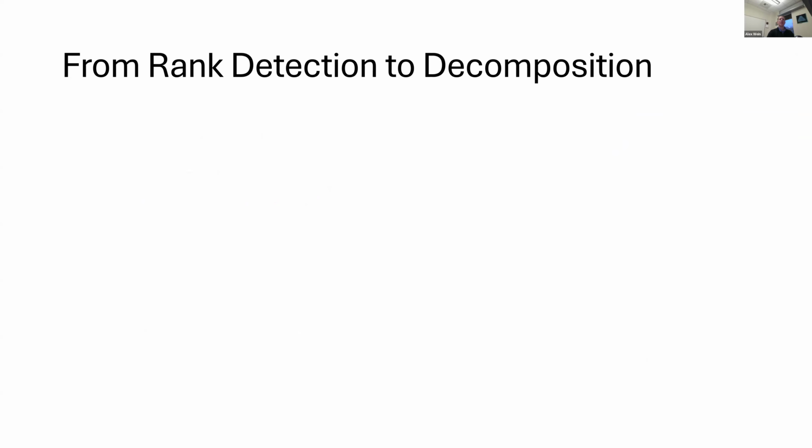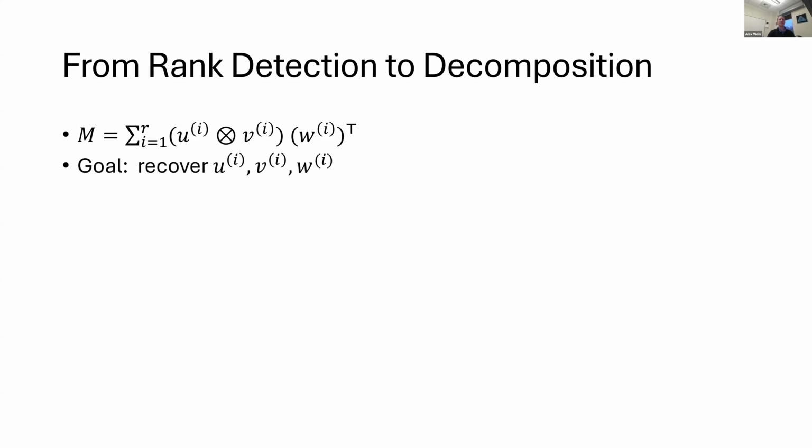But before I talk about how to improve it, let's say a little bit about how you would go from rank detection to decomposition, because the same sorts of ideas used in this example are also used in our actual result. So what's the point? We have this matrix M that we've constructed by flattening the tensor, and it's the sum of these R different terms.